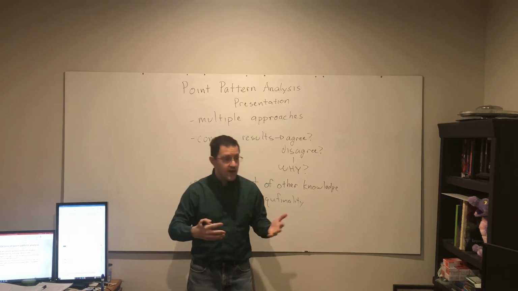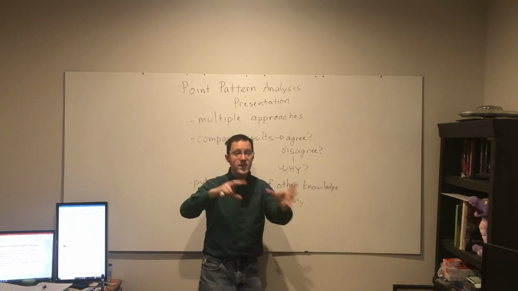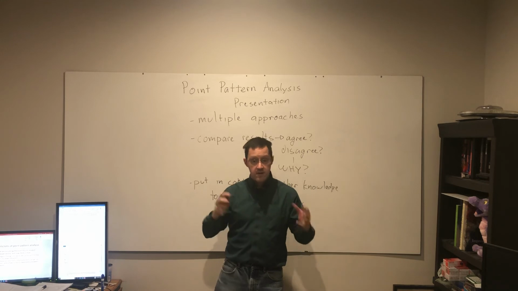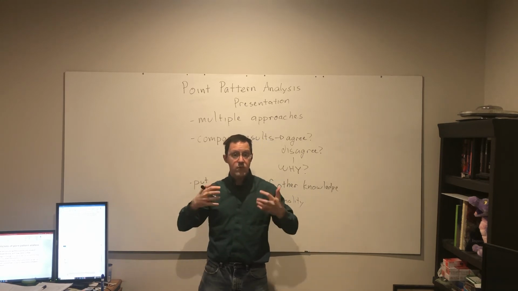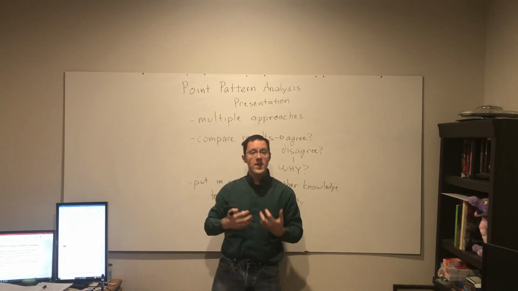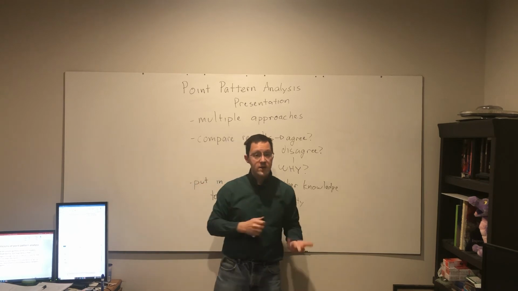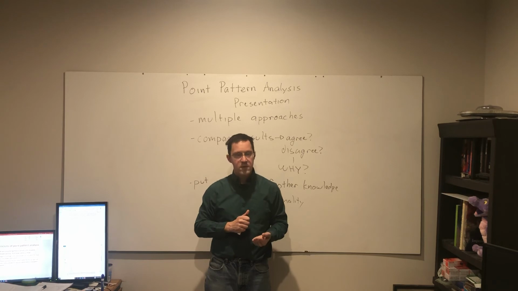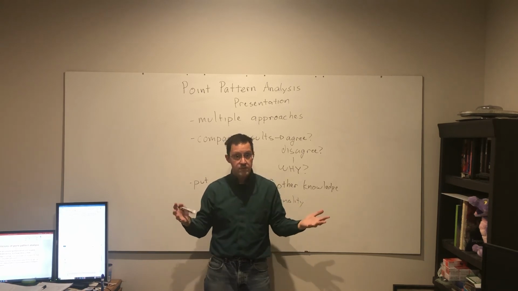So I can bring in this extra background knowledge to use the information that the point patterns give us. Again, triangulate, combine this information into a more complete picture, and in the discussion present that picture to the audience of that report, whether that's the general public, a supervisor, what have you.